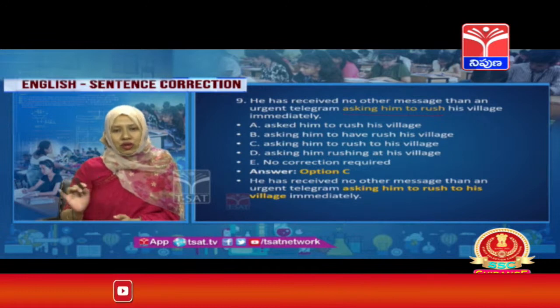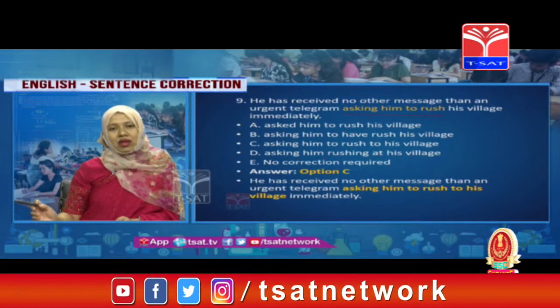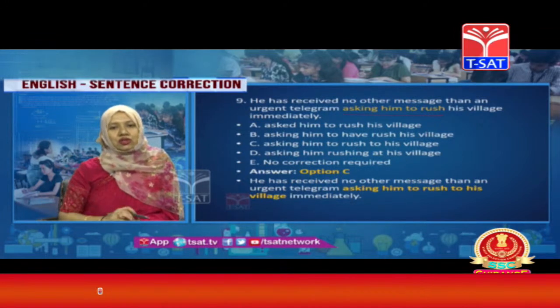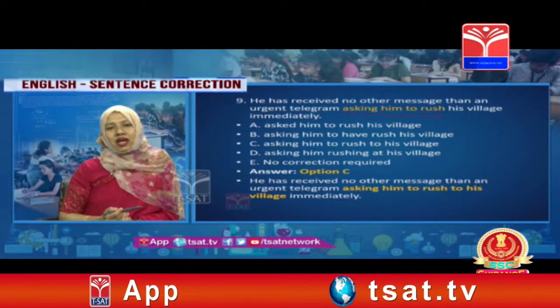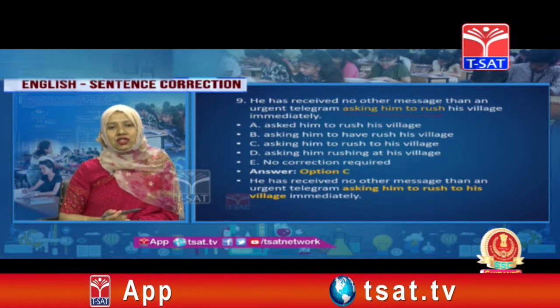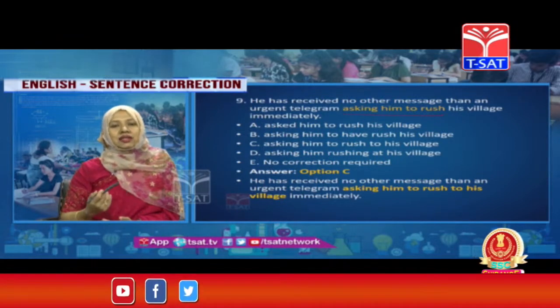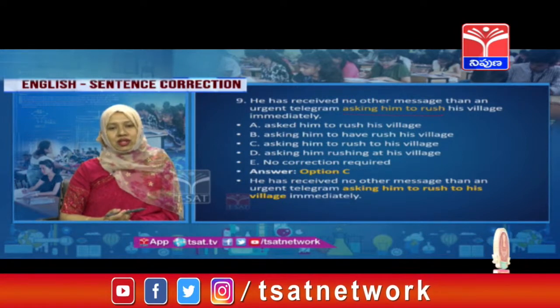He has received no other message than an urgent telegram asking him to rush. Asking him to rush is wrong. Now let us see the options. What are the options given? A, asked him to rush his village. B, asked him to have rush his village. C, asking him to rush to his village. D, asking him rushing at his village.